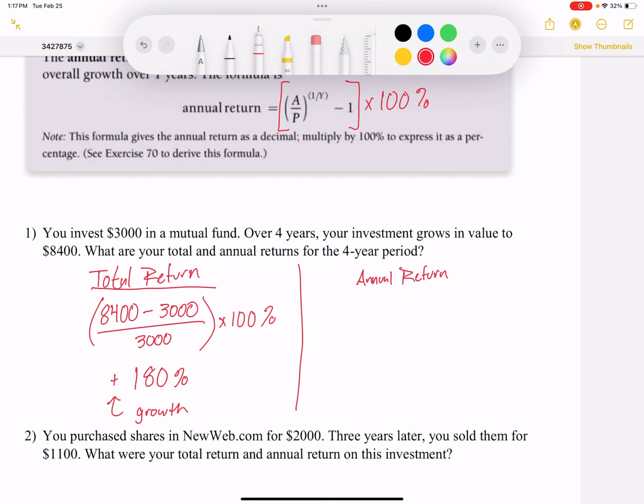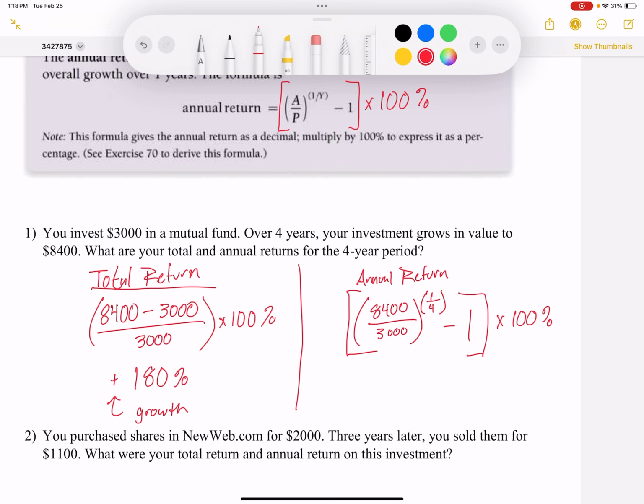So here we're saying you take your accumulated amount, $8,400, you divide it by your investment amount or your principal, $3,000, and then that's going to be to the 1 over however many years, right? 1/4. Subtract 1, and this whole thing I'm going to multiply by 100%.